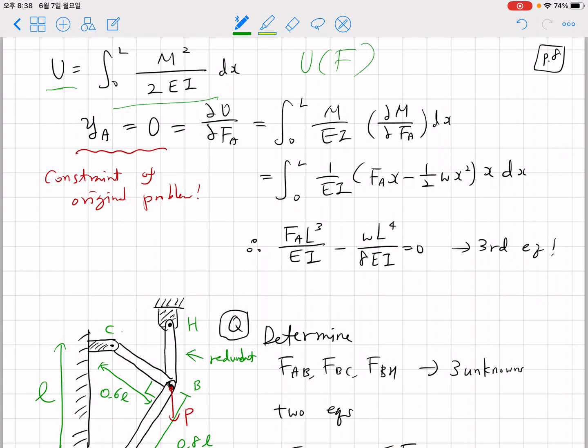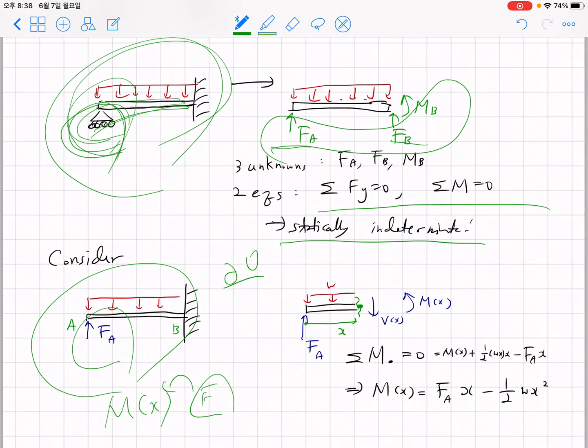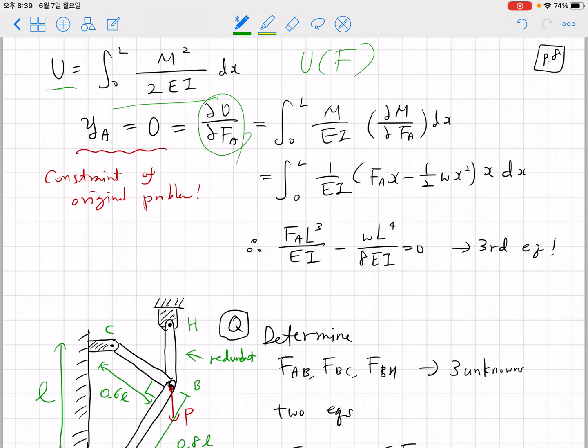After obtaining the strain energy U as a function of F, you consider partial U over partial Fa. What's the physical meaning of partial U over partial Fa? It is the deflection at point A, and the constraint on point A, due to this simple support, is that the deflection at point A should be 0. That's the constraint you can have.